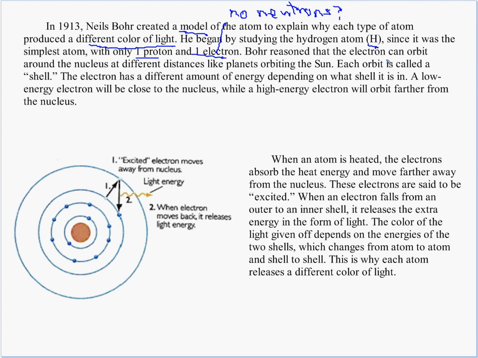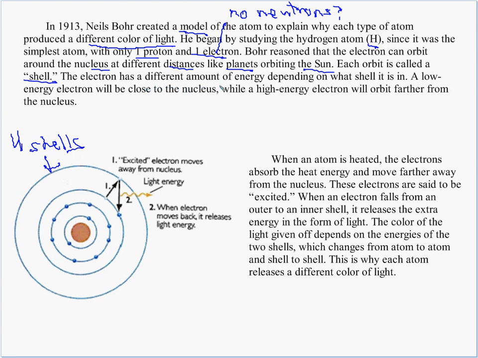Bohr reasoned that the electron can orbit around the nucleus at different distances, like planets orbiting the sun. So I guess instead of gravity, you'd have electromagnetic force, but still you'd get a force keeping them in orbit. Each orbit is called a shell. So these are shells, I guess. I'm noticing it's orbits, right? So I have 1, 2, 3, 4 shells.